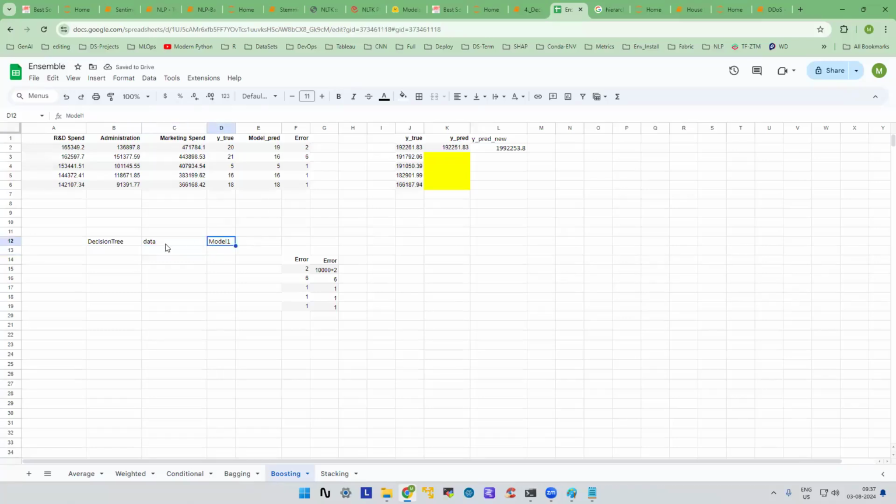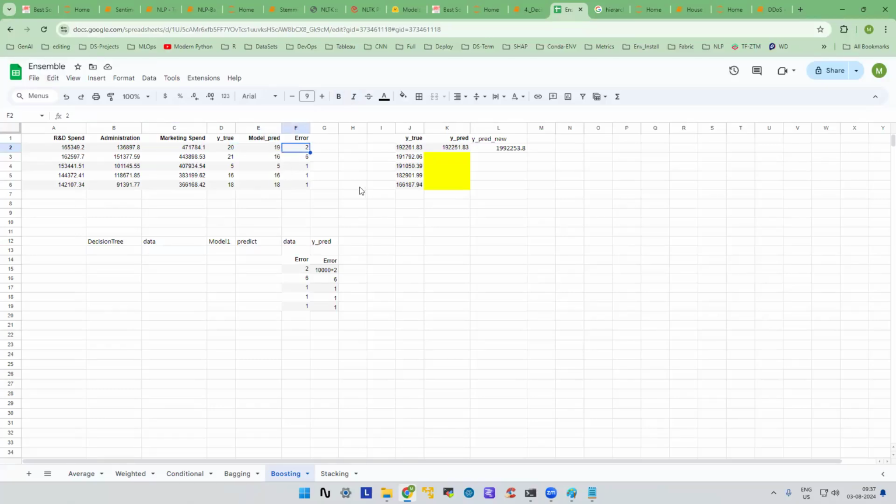Now we feed the same data to the model to predict. Obviously it comes up with Y pred, the model's own predictions, and we can find out the error also. The real value is 20, but with the model from this decision tree we got 19.